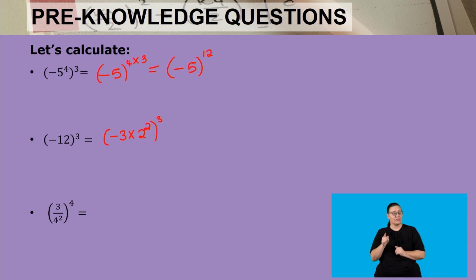Now this is a product that is being raised to an exponent. So what happens with a product that is being raised to an exponent?